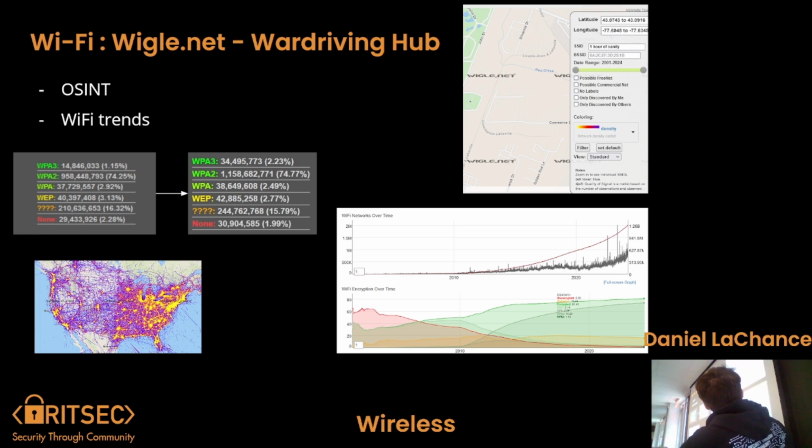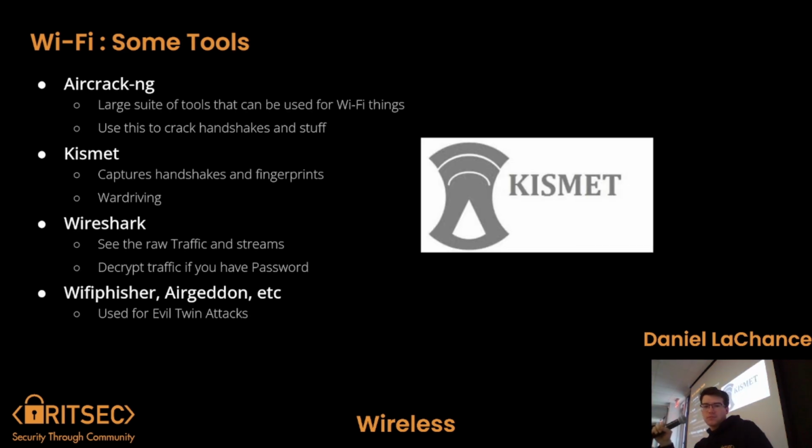You can zoom in on that map and see what kind of wireless access points there are in your specific area. You can even find what encryption standards they're using as well. It's pretty cool.